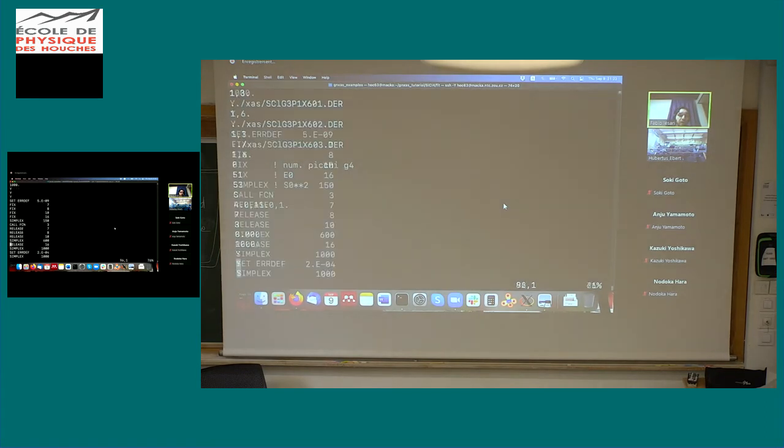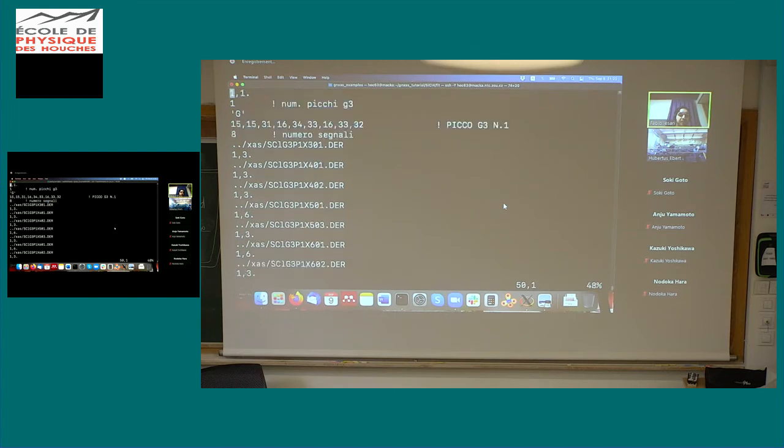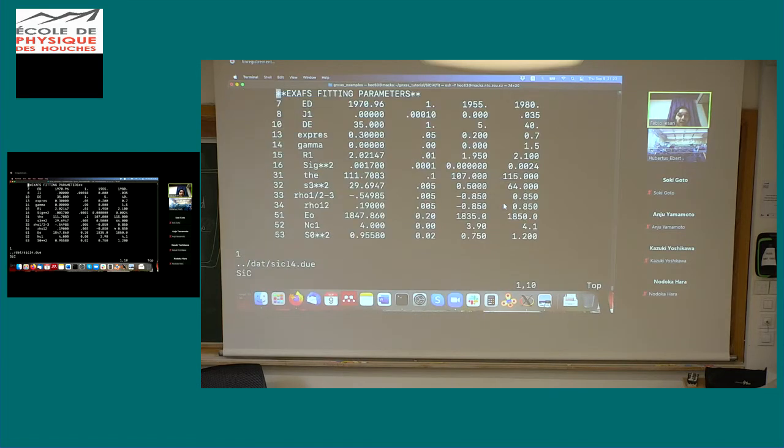Then, I have a delay. Then we have 51, which I think is the theta, the angle, this one.